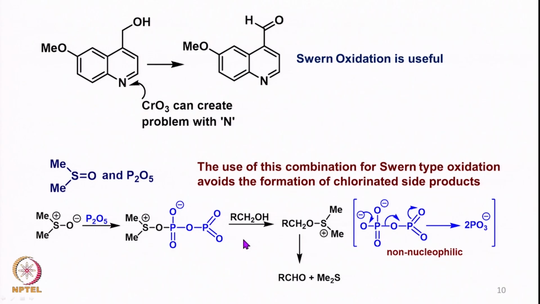So therefore this is a very interesting variation of the DMSO based oxidation or Swern type of oxidation, without having any chlorinated byproducts. So we will stop it here and look at the other aspects of oxidations next time.